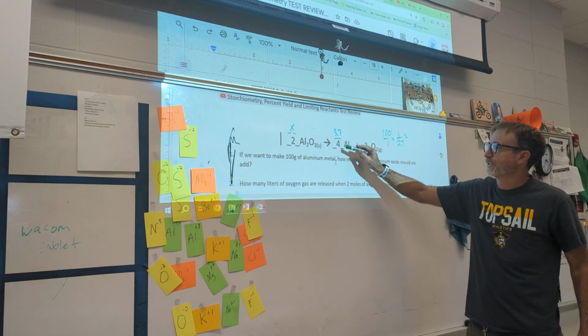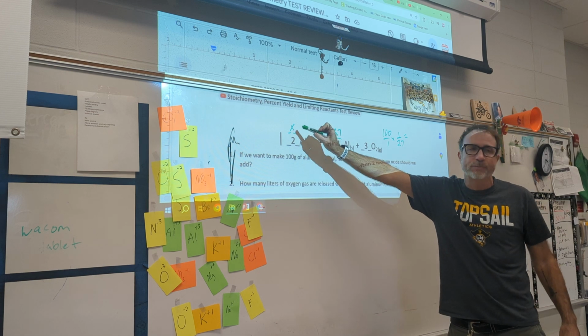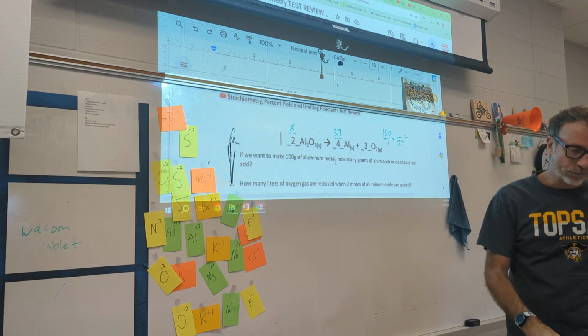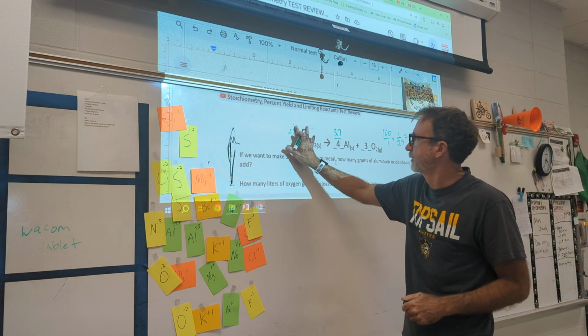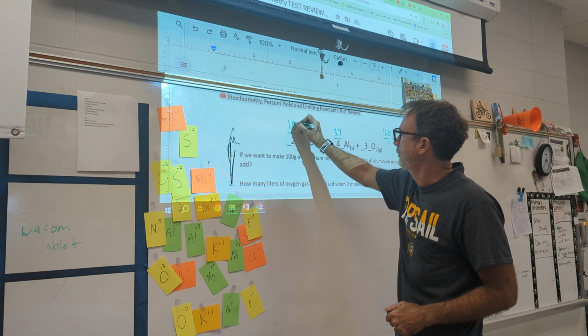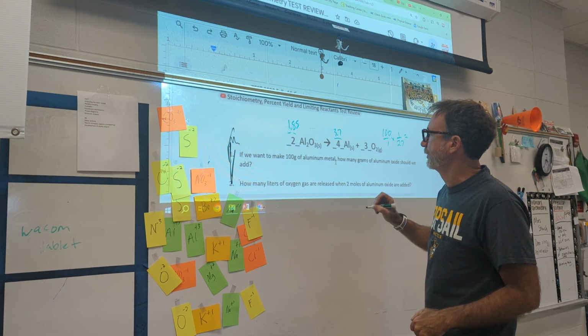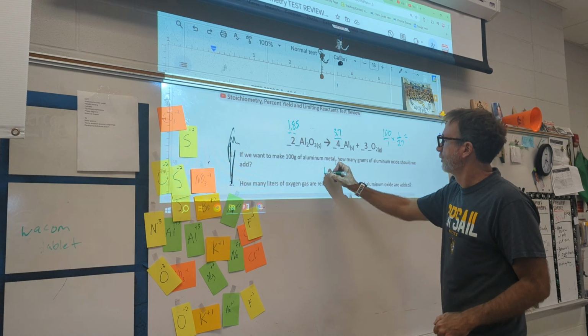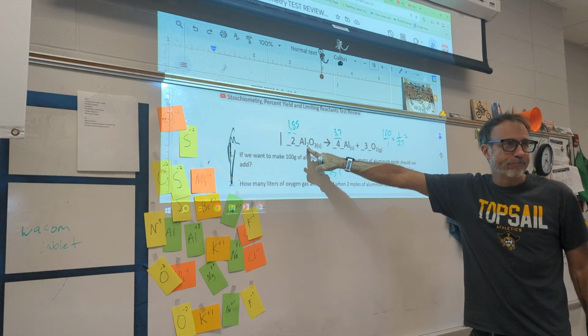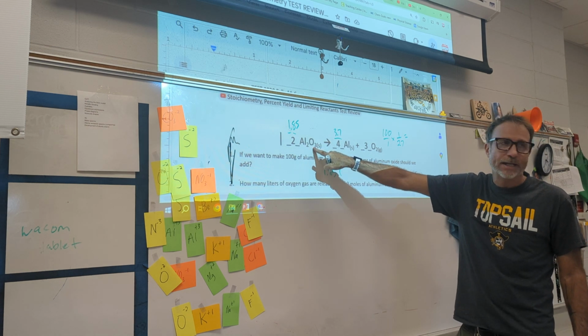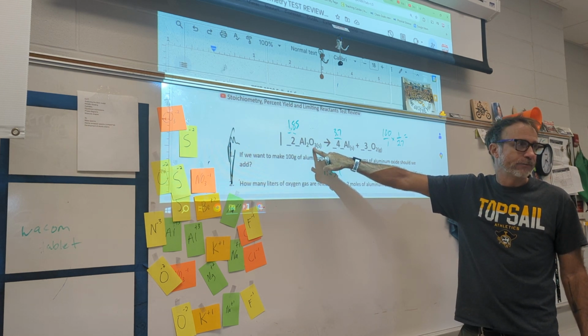How many grams? 3.7 is to 4 as X is to 2. In other words, this number's going to be half as big. So 3.7 divided by 2 gives me 1.85. That solves our ratio. 1.85 moles of this. How many grams? 1.85 times, let's add this up, 54 plus 48. It's 102, right?